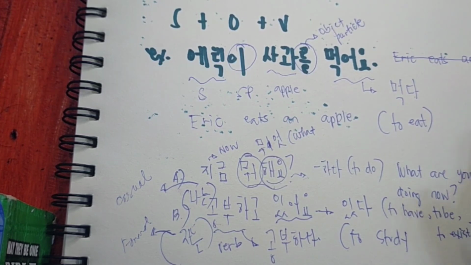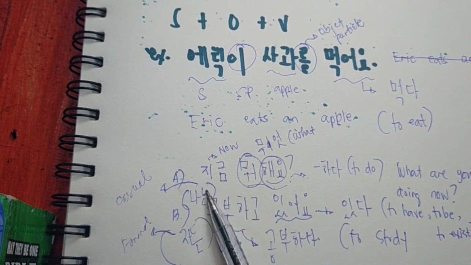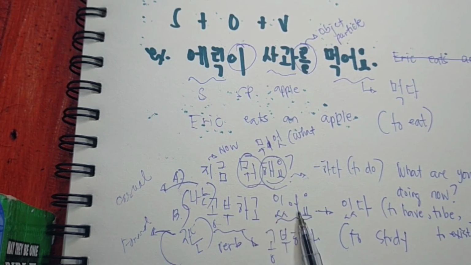Ayan, tatlo yung meaning niya. Ang meaning, 공부하고 있어요, means I am studying. 지금 뭐해요? What are you doing now? 공부하고 있어요. I am studying.